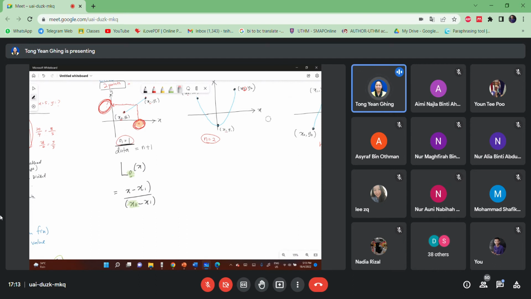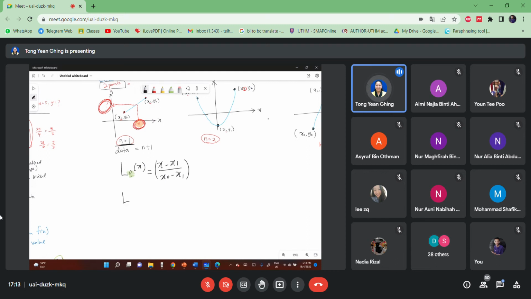Now it's a weighting function, so I put the weighting function here. This one is x minus x1 over x0 minus x1.